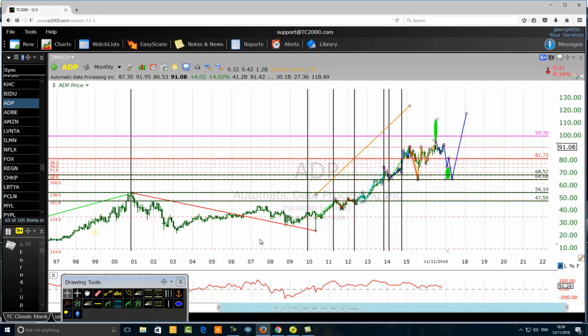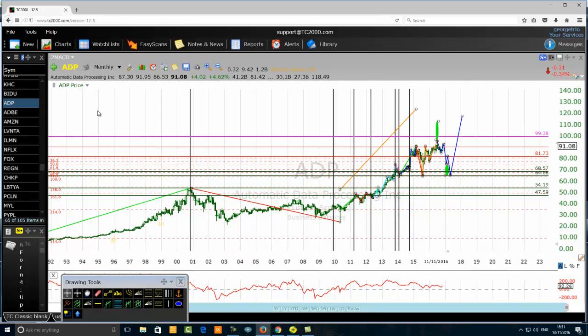If you are trading stocks, currency, or commodities, be aware of Automatic Data Processing, ADP data on the first Wednesday of the month. This is the company that gives that data.